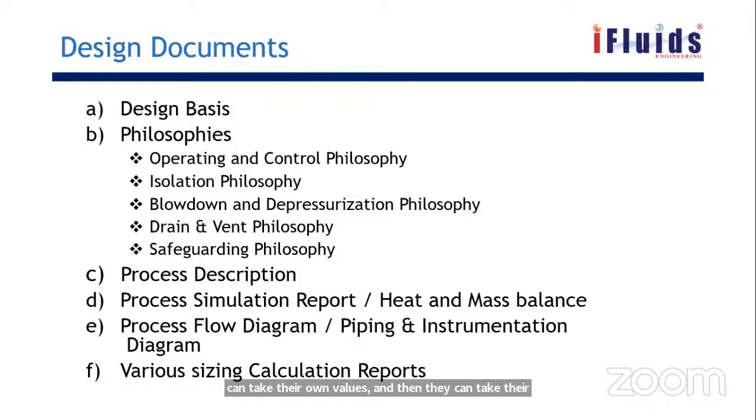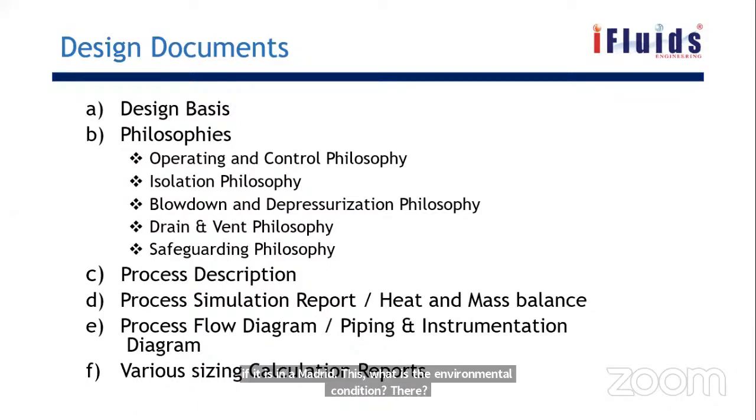So to avoid that, the design basis will be covering certain parameters which everyone needs to follow, which will be provided by the licensor and the client, in consultation with the client. And those things we need to follow. The design basis will consist of the environmental conditions, like if it is in Madhya Pradesh, what is the environmental condition there, what is the cyclone.